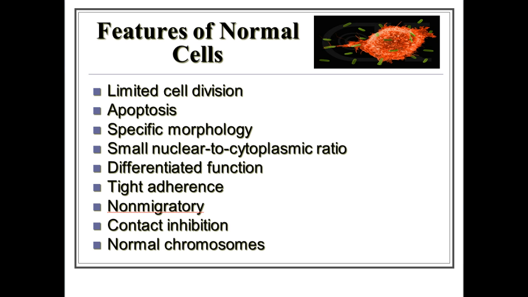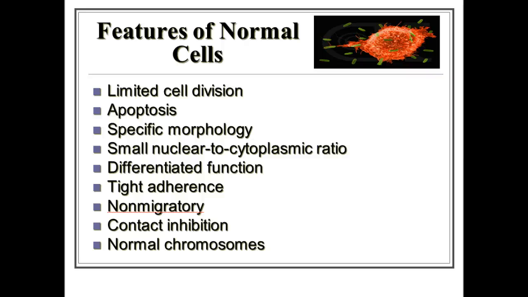Biology wise, there are certain features of what they consider a normal cell. First of all, a normal cell has limited cell division. So there's not a whole lot going on as far as the biology of a normal cell.